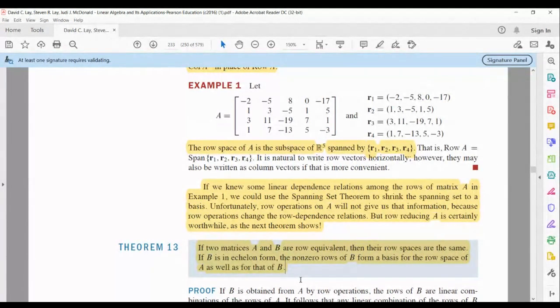But you have to then go back to the matrix A to pick out those column vectors. But for row space, the row vectors you get in the resulting reduced echelon form matrix are actually in the row space of A. It's really a fascinating concept.